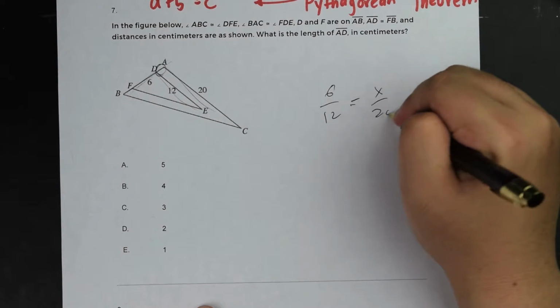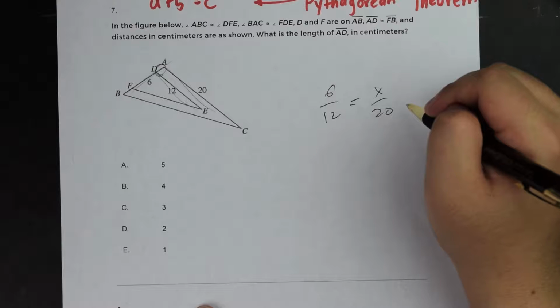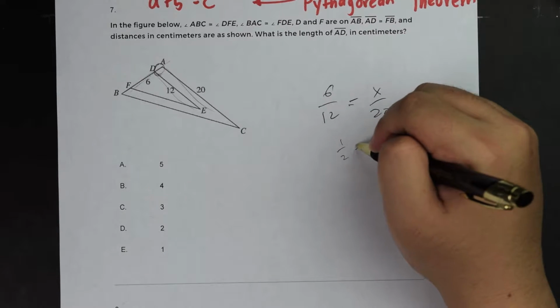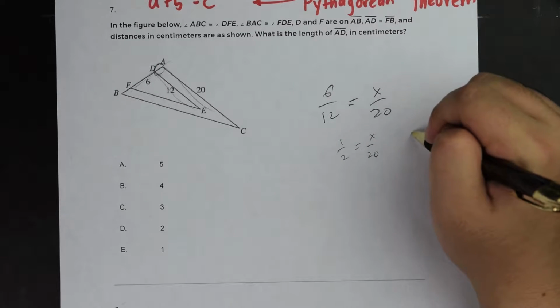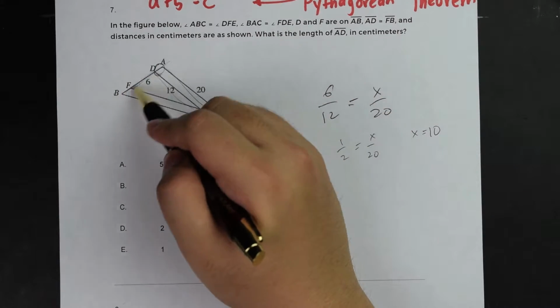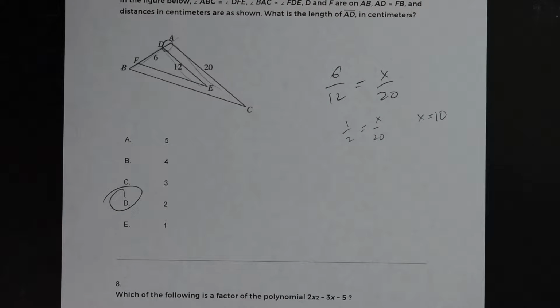So it's basically 1 to 2 equals x over 20. So x equals 10. Okay, so this whole length is 10, 6, 4, 2. So for number 7, my final answer is going to be D.